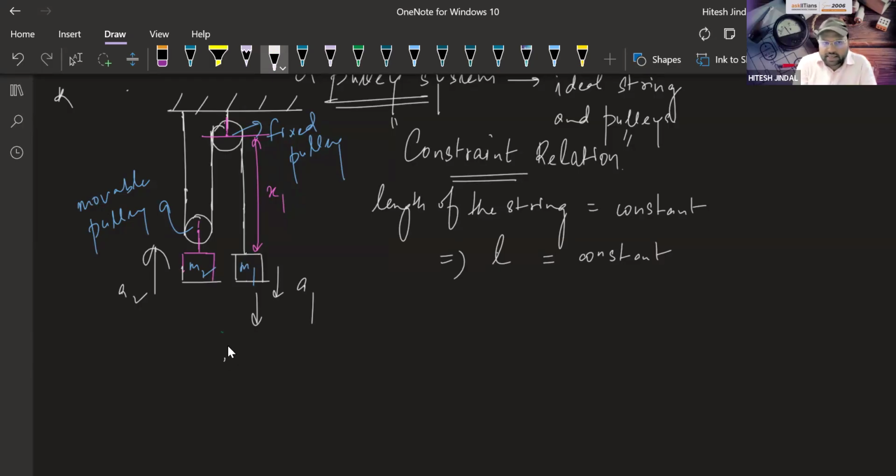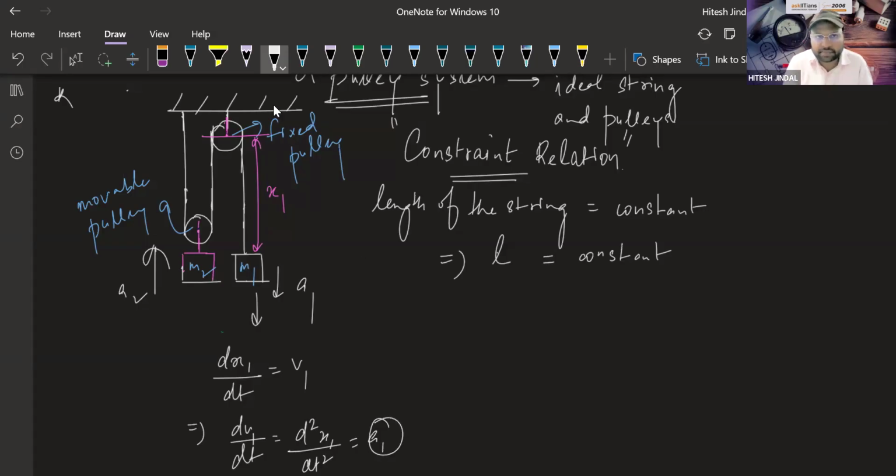And can I say that dx1/dt is equal to v1, the velocity of the block? And if I differentiate it again, that means dv1/dt or d2x1/dt2 is a1. Can I say this? Do you understand this part?